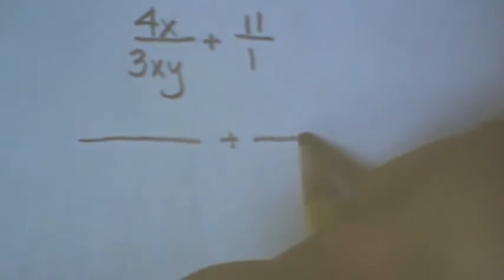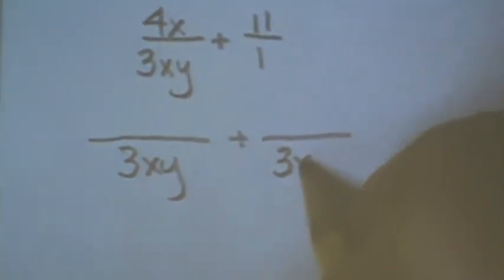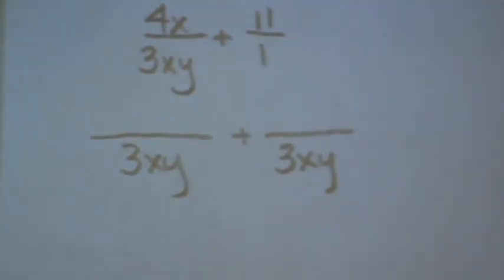See this 11? What's underneath it? 1. Thank you. So can you tell me what the common denominator is? 3xy. So, what do we need to multiply this by to get that?